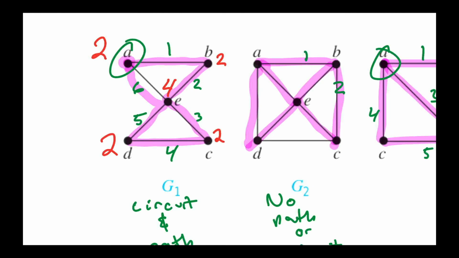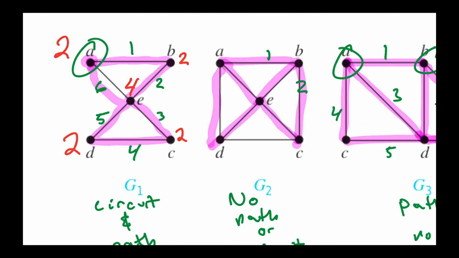They're all even, which means when you come into B, you have a way to leave, because you use one edge and one edge. The degree is 2, so you can do that. If you look at the degrees on this one: 3, 3, 3, 4, 3, 3. Odd numbers.